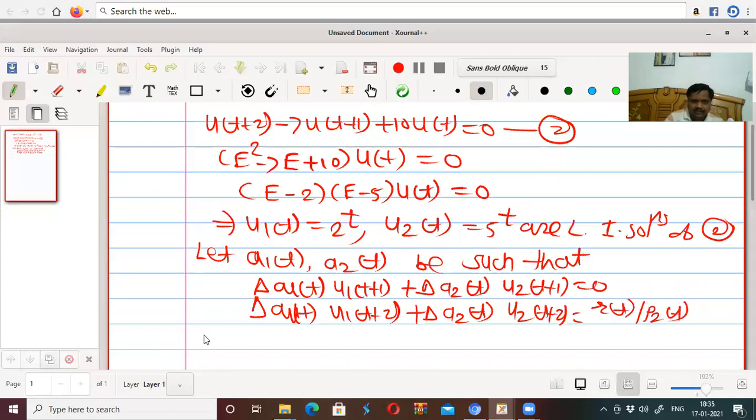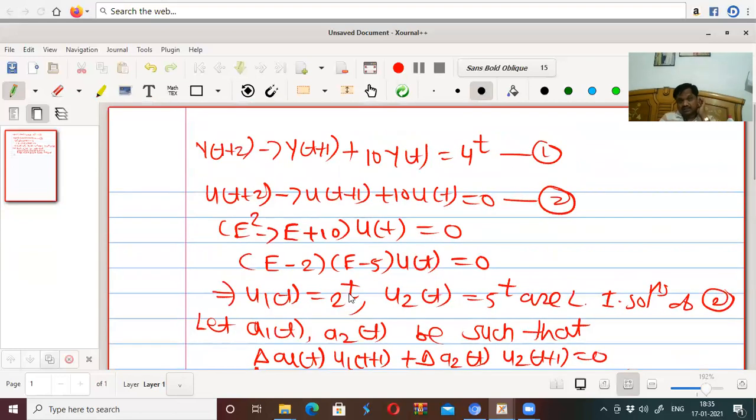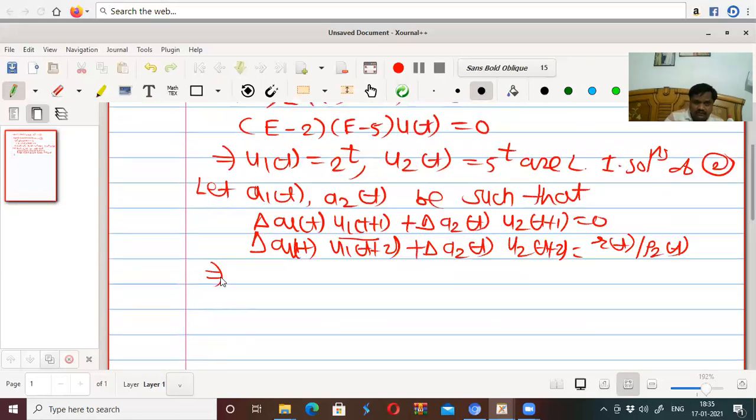That is, u1t is 2 to the power t. What is u1t plus 1? 2 to the power t plus 1 into delta a1t plus u2t plus 1 is 5 to the power t plus 1 into delta a2t equal to 0.